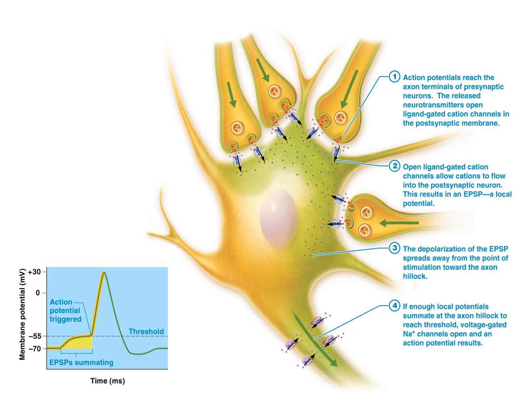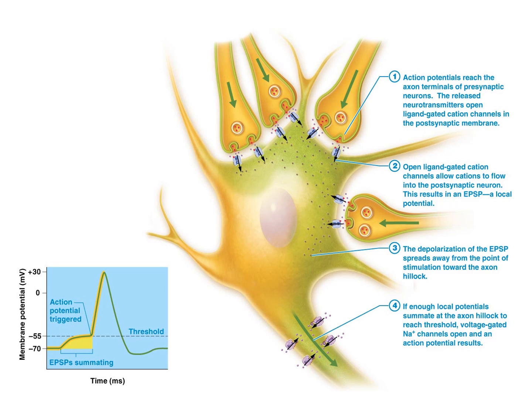But what if they're sub-threshold? One by itself may not be enough to reach threshold, but since we have 4 of them together, each of them may depolarize it sufficiently that when all of them are depolarizing together, they could summate to reach threshold and we get an action potential.